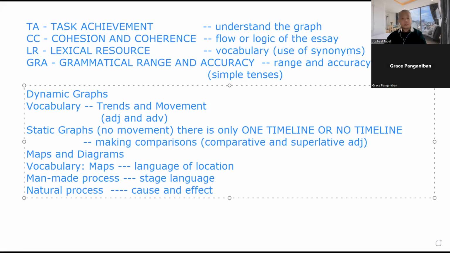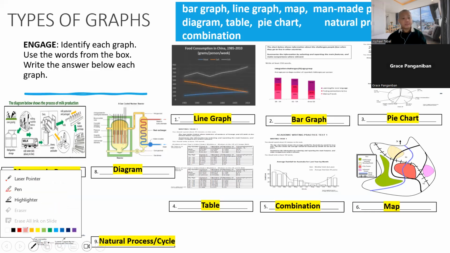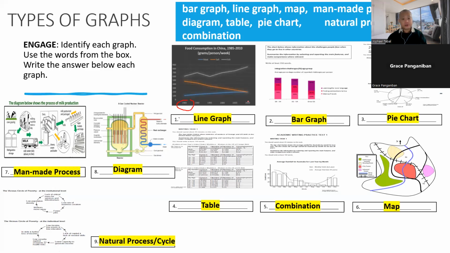So although there are 9 graphs, they can again be subdivided into 3. We have dynamic graphs where there is movement, for example from 1995 until 2010. We have static graphs, which don't have a series of timelines; the vocab here is making comparisons, using comparative or superlative adjectives.